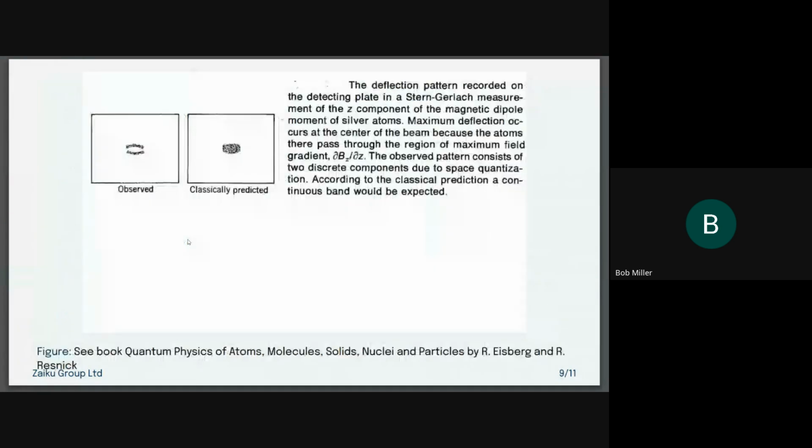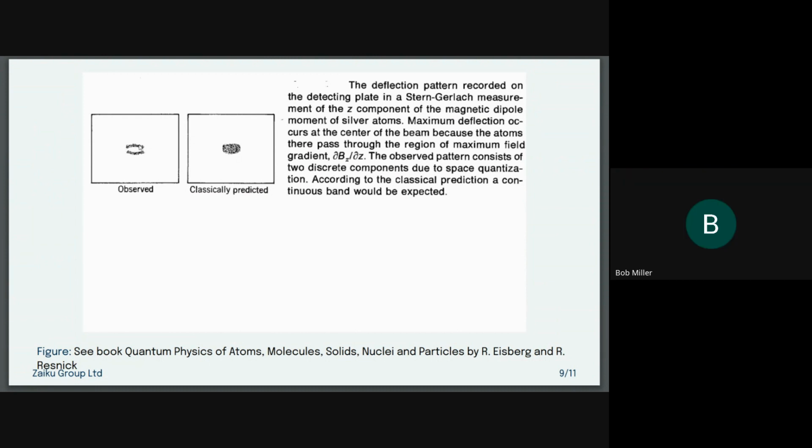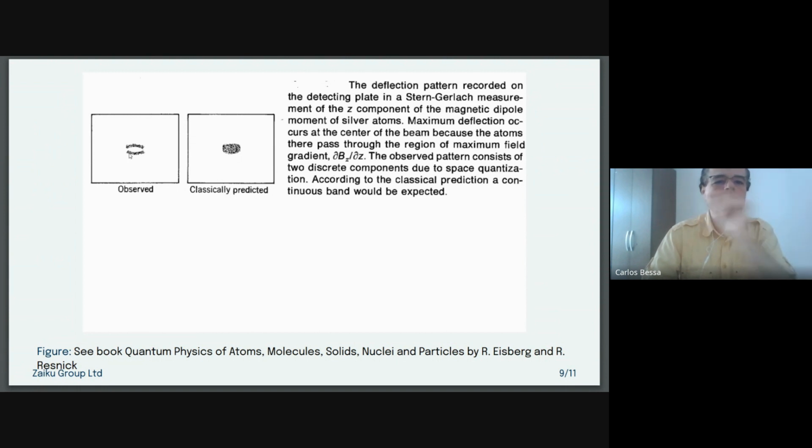So you get minus 1, 0, and plus 1. But the thing is that they are oriented here, so I see two bands. Each dot, each band corresponds to a value of m? Each dot corresponds to one position, but it's not like this. It's like one electron here could be here or here.